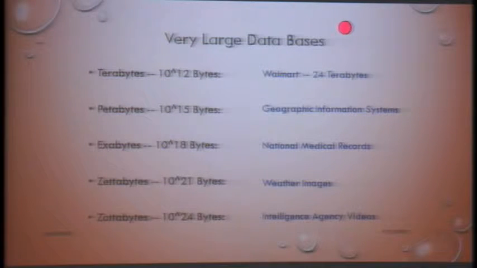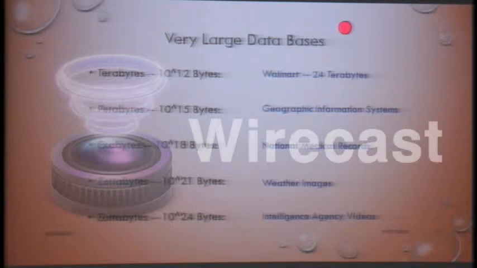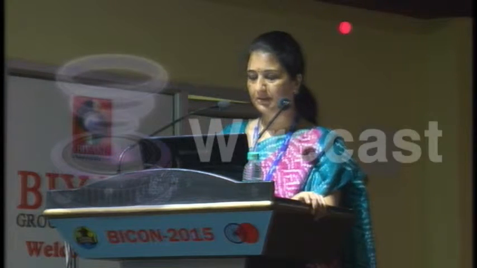A zettabyte is 10 raised to the power 24 bytes. These are applications with so much data, like Walmart, geographic information systems, national medical records, weather images, satellite images. For each business, the data will be different.